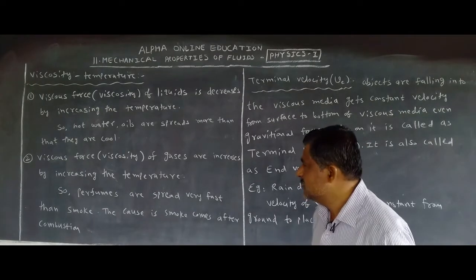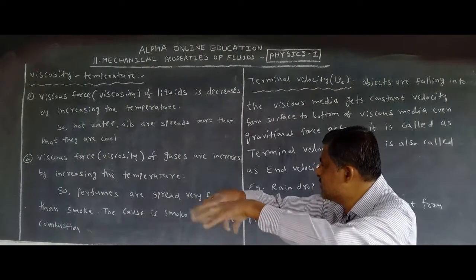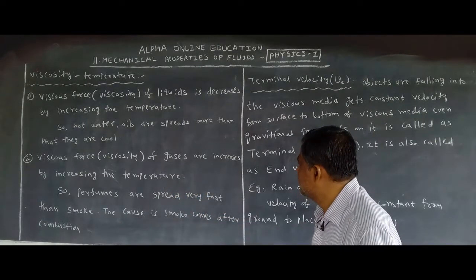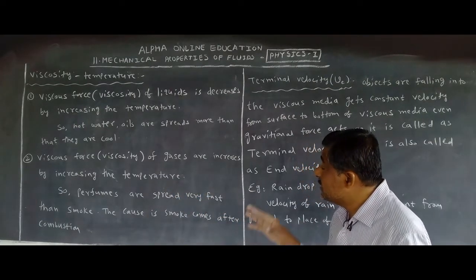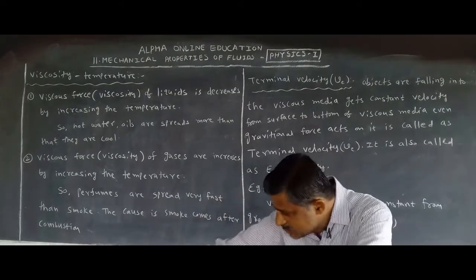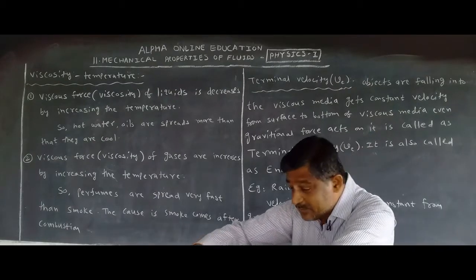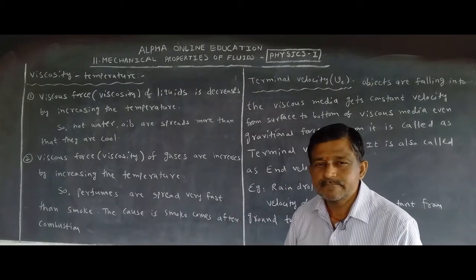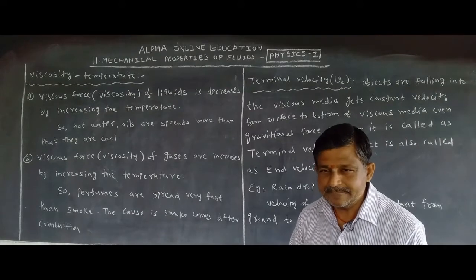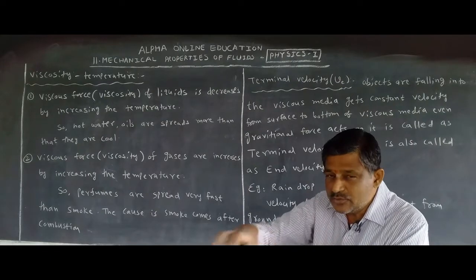Decreases. So hot water or oil spreads more than when they are cool. Hot oil spreads more. In winter season, the oils become frozen and do not move very fast.